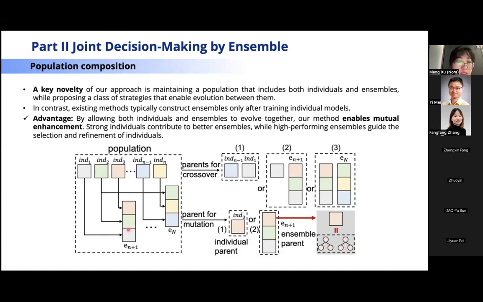And then for these ensembles, we also do the ensemble evaluation. Based on this population, our crossover allows an individual and an individual as parents, an individual and an ensemble as parents, and also ensembles as parents. Same for the mutation: the individual can be the parent, and the ensemble can also be the parent.